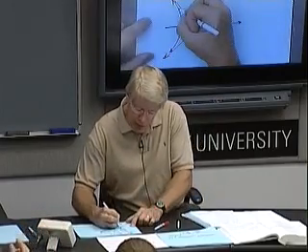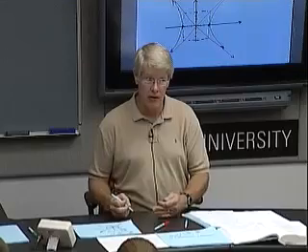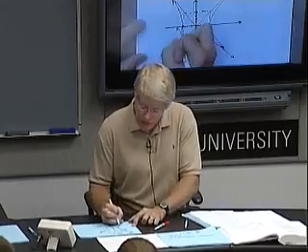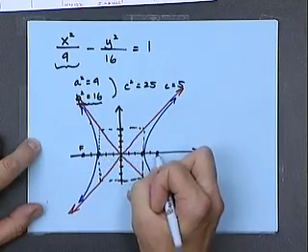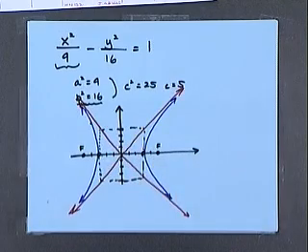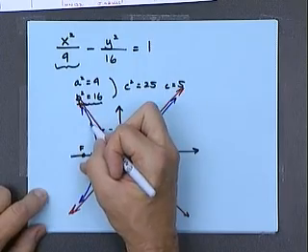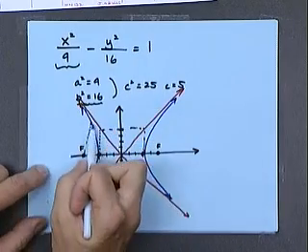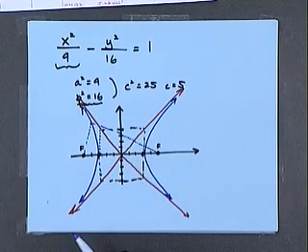So if this point is on the hyperbola, sorry, I don't have the foci yet. Where are the foci? 5 units from the center on the transverse axis. So there's a focus, and there's a focus. So this point on the hyperbola, the difference of these two distances is fixed according to the definition.